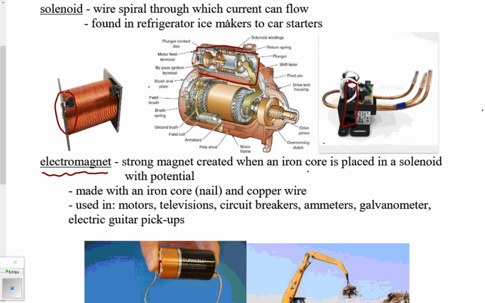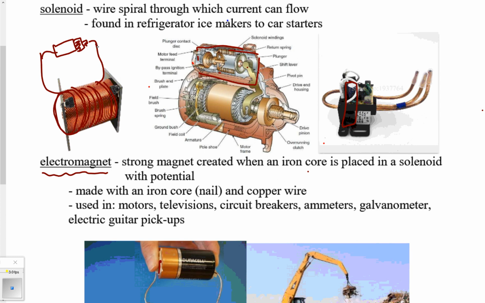A solenoid by itself is nothing more than just a loop of wire. But there is something very interesting. Say you could connect this loop, this solenoid, and hook it up to a battery, drawing a very ugly battery here, probably the most unrecognizable battery in the history of humankind.